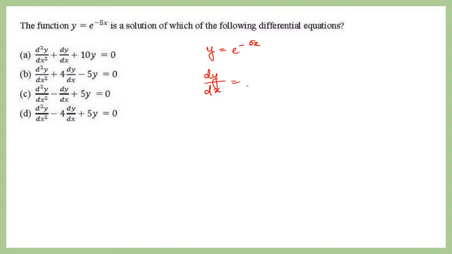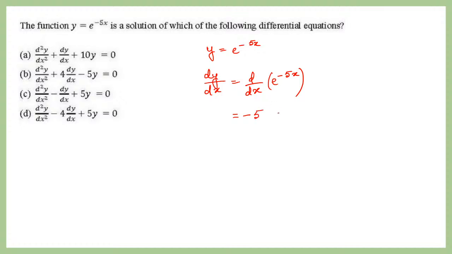So what is dy dx? It is the derivative of y with respect to x, that is d dx of e to the power minus 5x, right? First the coefficient of x will come out, that is minus 5 times d dx of e to the power minus 5x.